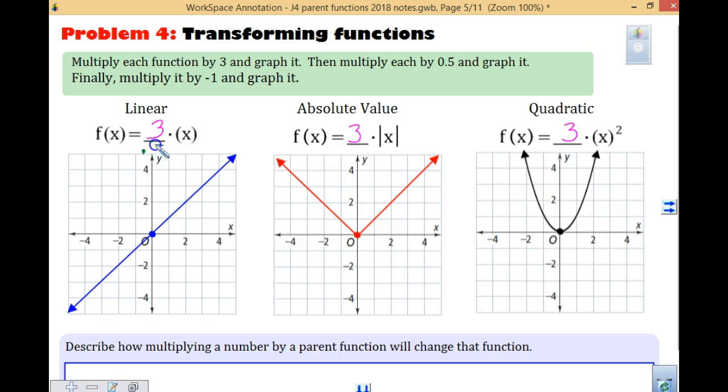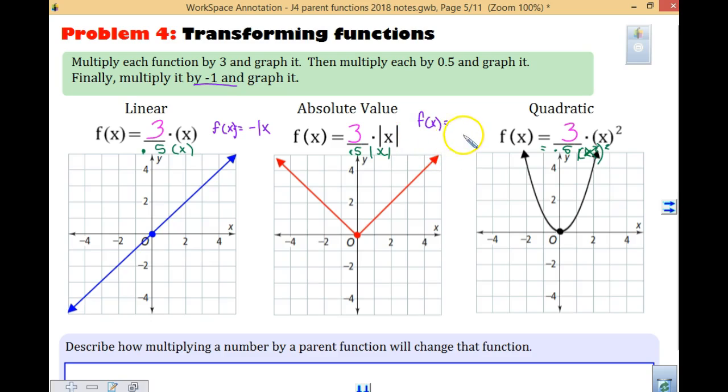So we'll go f of x equals 0.5x, equals 0.5 times absolute value of x, squared. And then we have one more this time. Then they ask us to also look at multiplying everything by -1. So we're going to have a third one, which will be f of x equals -1x, right?